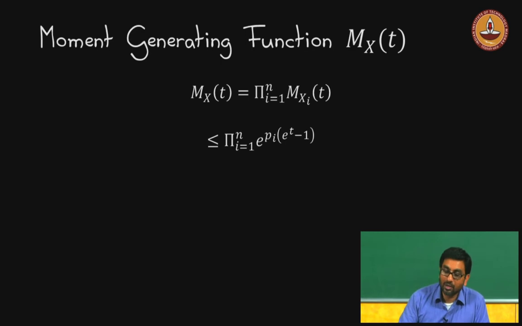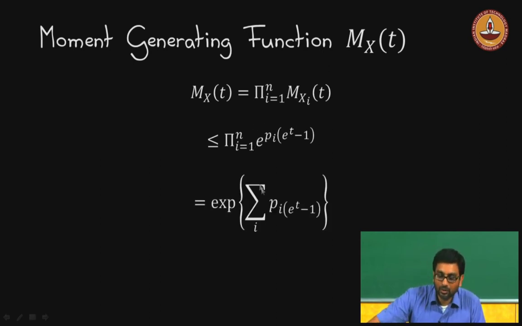So, what is the moment generating function for the individual xi? If you recall, we worked this out a little while ago when we worked out the Bernoulli trial with respect to probability of success p. We worked it out to be of the form e to the pi times e to the t minus 1, a few slides ago. Okay. So, we are just applying that over.